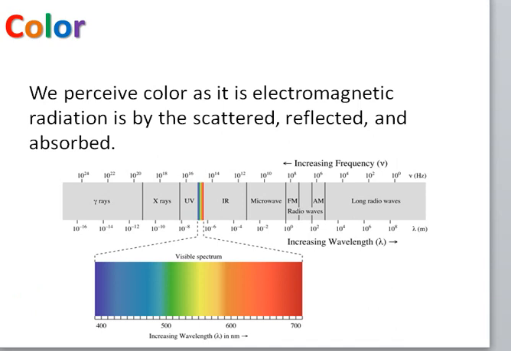So one reason that the sky is blue, or the only reason that the sky is blue, is because that very short wavelength of blue light gets scattered high up in the atmosphere from very small atmospheric particles, so we're seeing that scattering of blue wavelength.